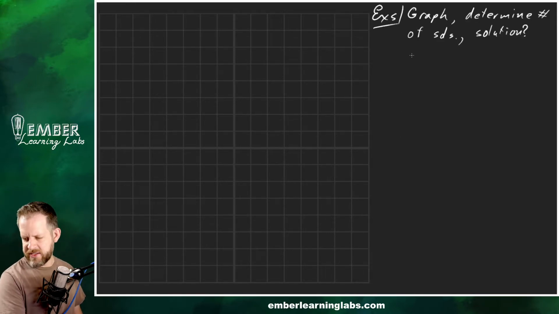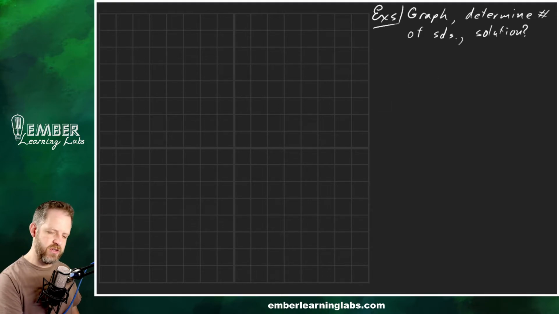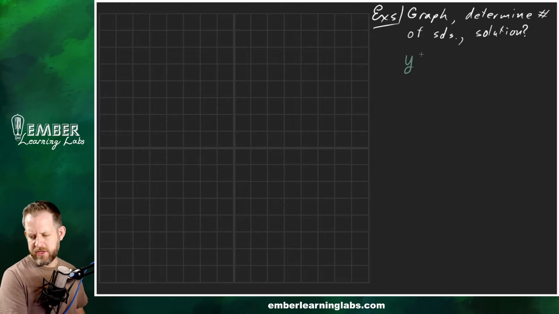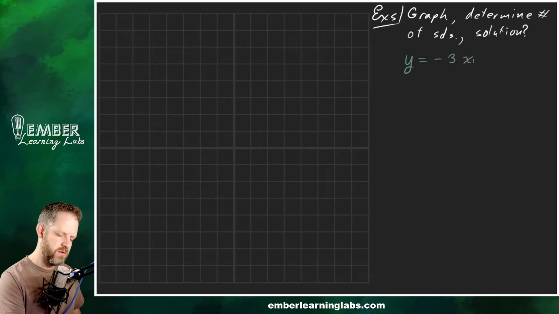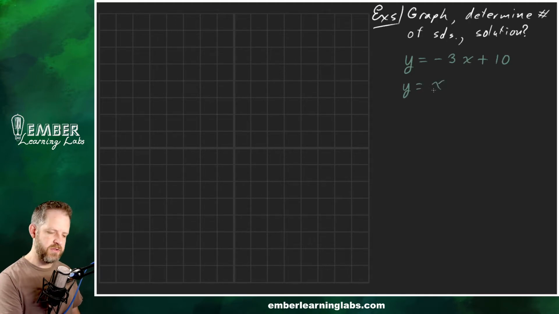Okay. And the system we're going to graph is y equals -3x plus 10 and y equals x minus 2.